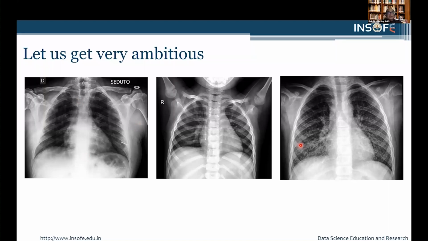Now, it turns out that this is the X-ray of a patient who has COVID. This is the X-ray of a patient who is normal. This is the X-ray of a patient who has seasonal flu. And we want to build a system, a software program that actually understands such minute patterns and gets an accuracy of prediction which is better than most medical doctors.